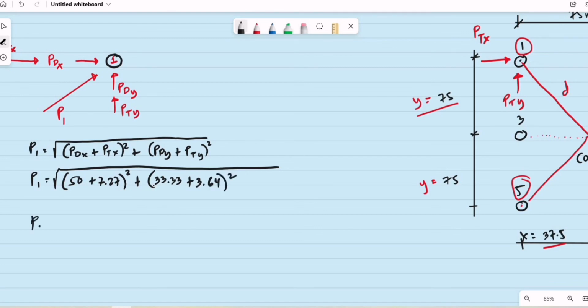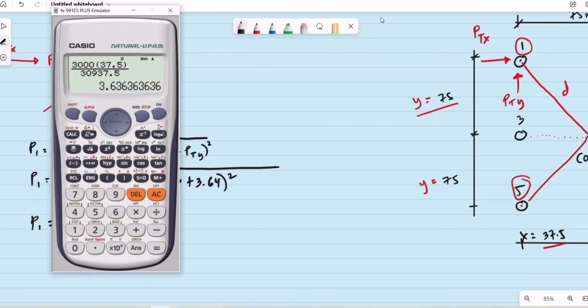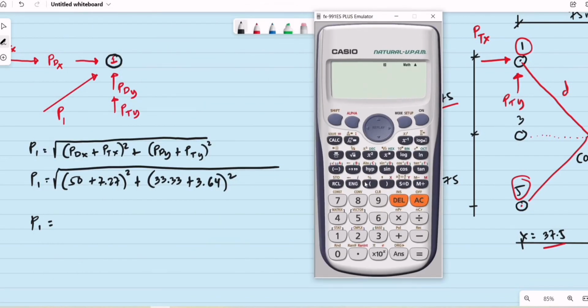So the resultant shear acting per 1 bolt is the square root of (50 plus 7.27) squared plus (33.33 plus 3.64) squared.